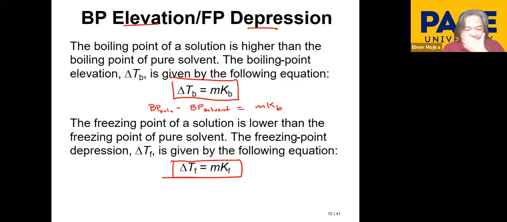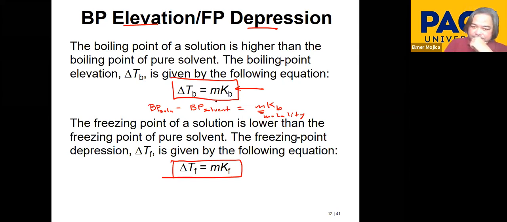As you can see here, what do you think is the unit that we use here? Anyone? We're going to use the unit molality. That's the reason why we have to include it as a concentration unit. Now Kb here is your boiling point constant, and it is given for a particular compound.